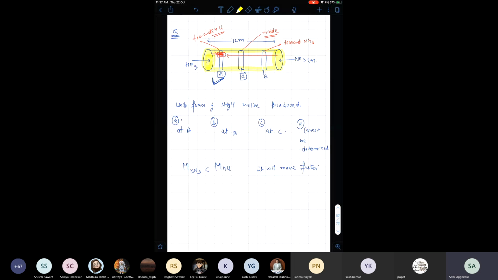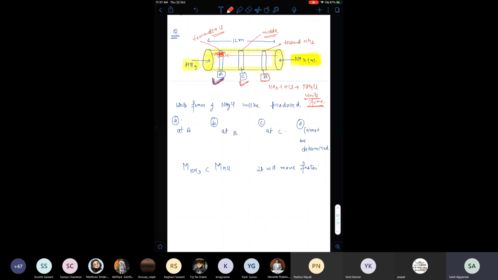From one side, we have thrown ammonia gas. From the other side, we threw HCl gas. We know when NH3 reacts with HCl, it will give NH4Cl, which has white fumes. We just wanted to know at which point, whether A or B or at the center of the tube, that white fumes will be formed.